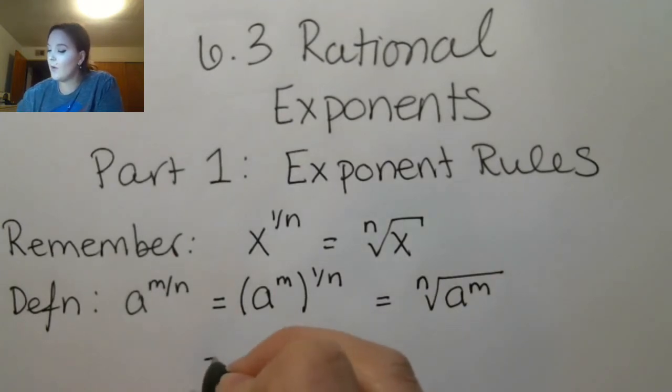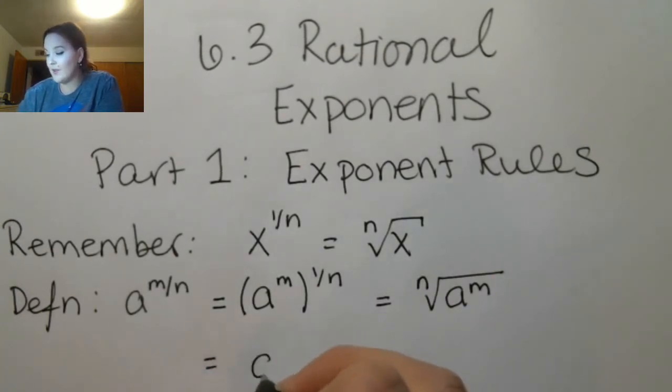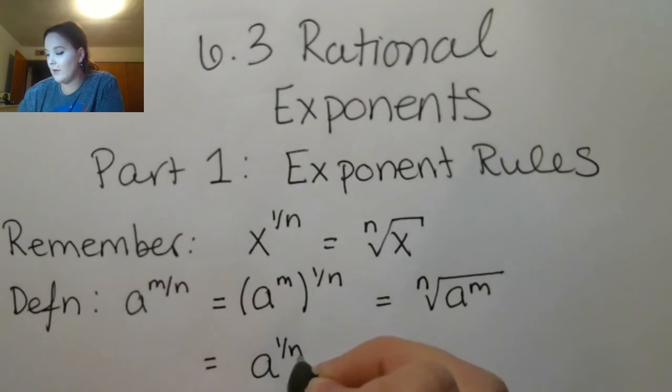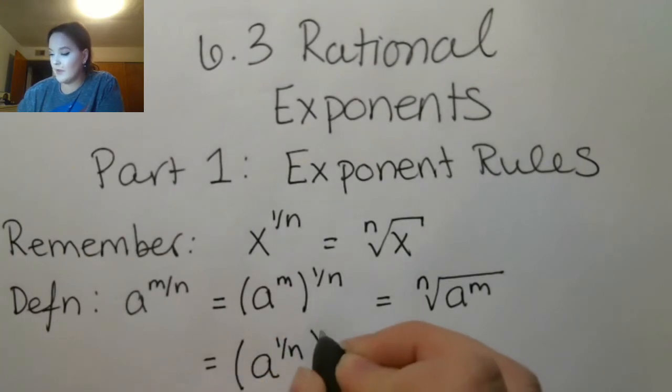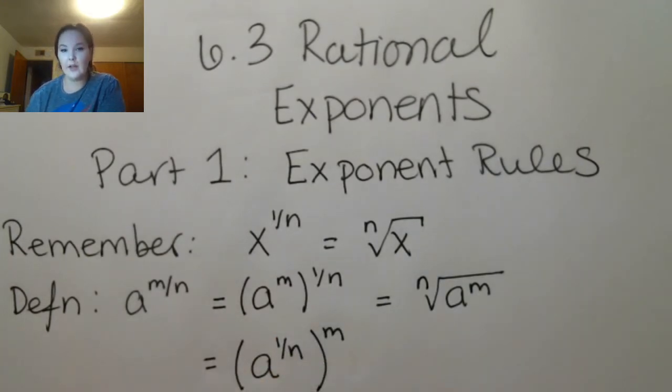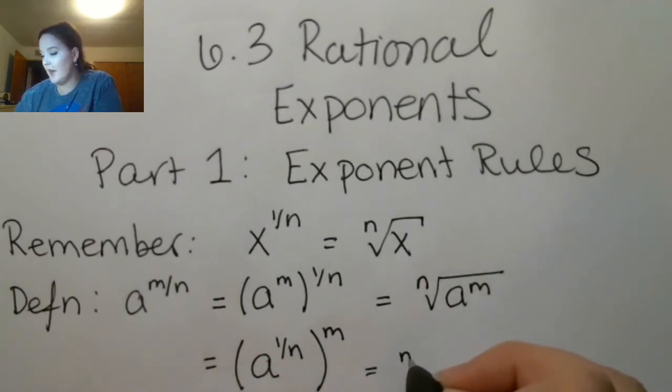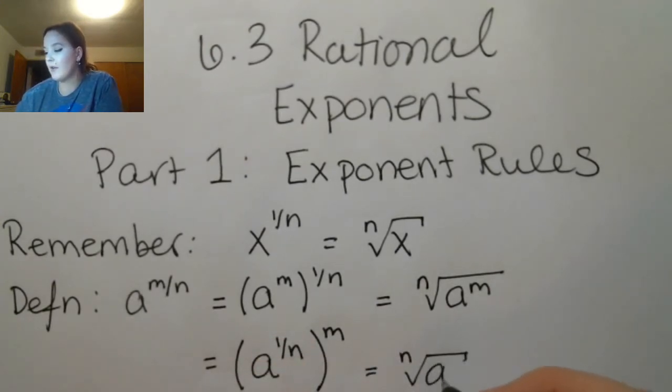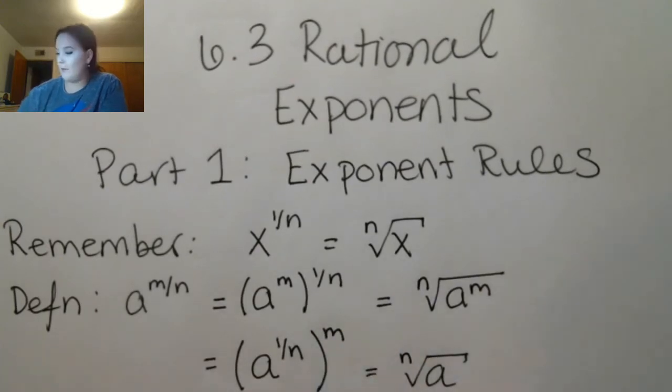Or I could think about this as a to the 1 over n to the m power. So here I know that a to the 1 over n is going to be the nth root of a, to the m power.